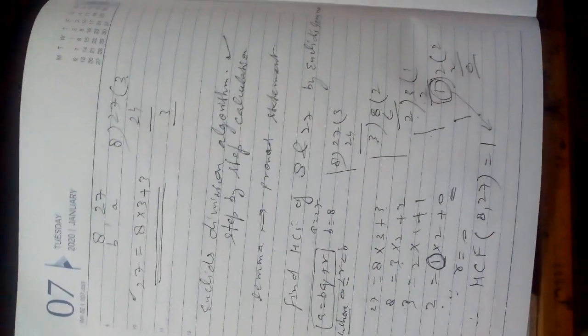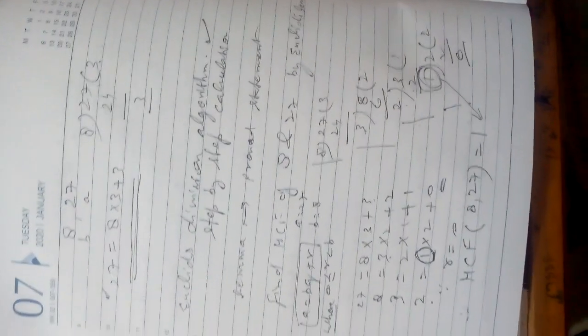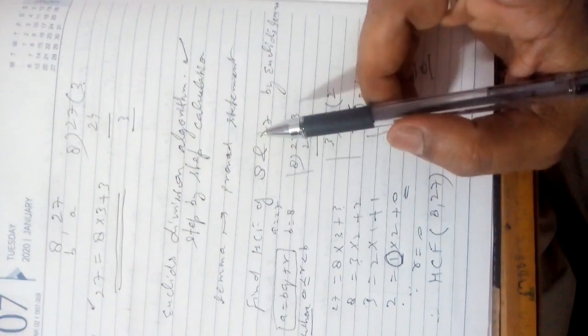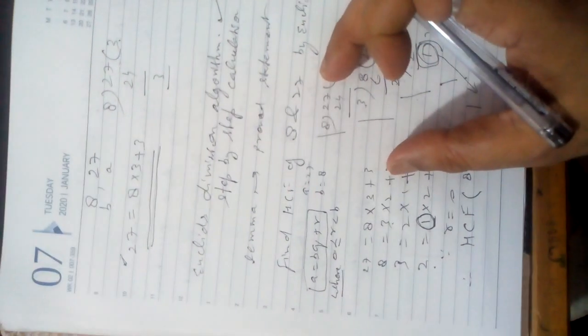But in the case of Euclid's division algorithm, you will write: Euclid's division algorithm is a step-by-step calculation used to calculate the HCF of any two numbers, in which we use Euclid's lemma till the remainder is 0.